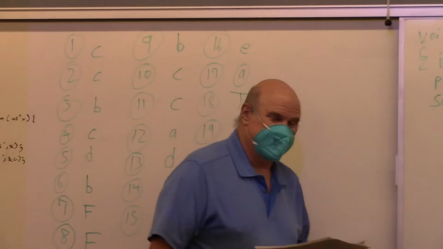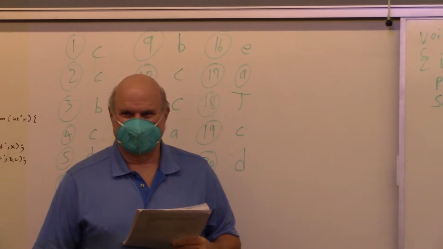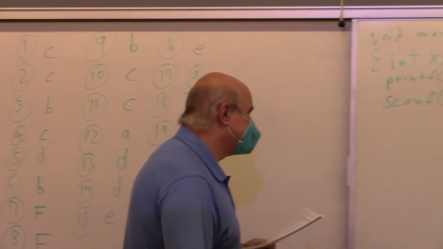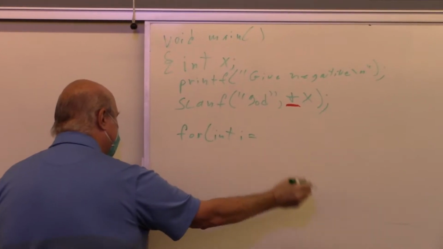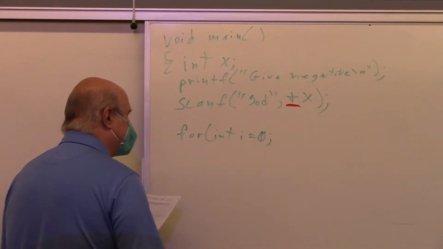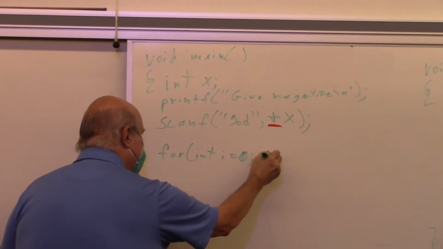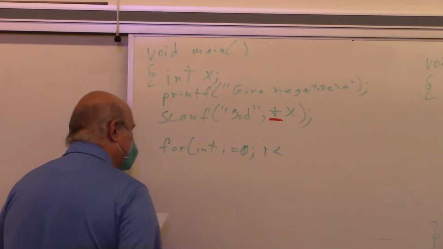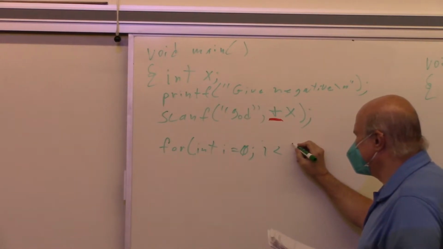So I did. And then what would you do? And then I use a for loop, where I initialize a variable i, and I set it to 0. And then, as long as i is less than, the condition would be i less than 4. It's either 4 or 5, but I'm going to assume 5. It should be 5, because it said 5 of them.